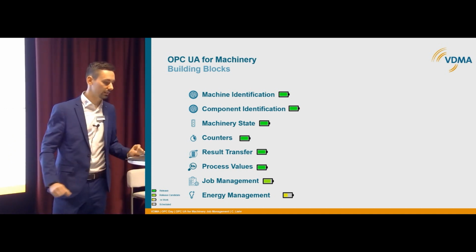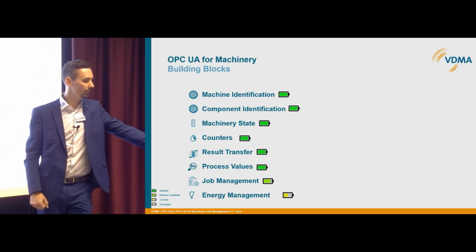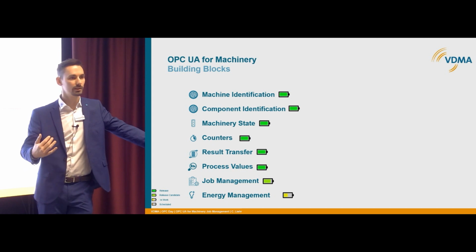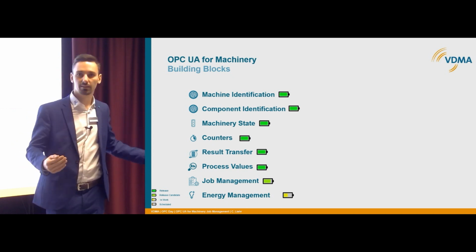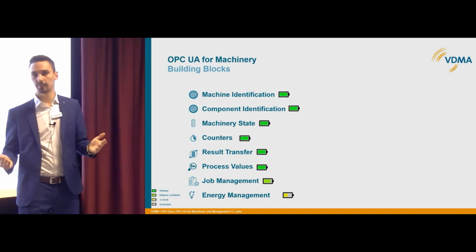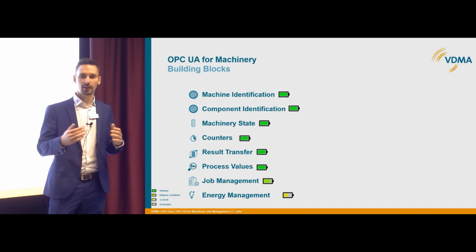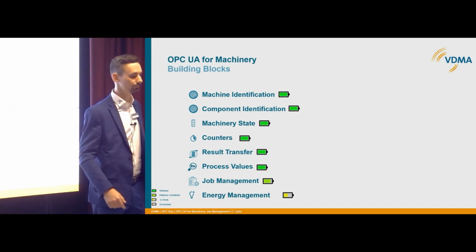Okay, the next building block, the counters, are pretty easy to explain. If you want to count the hours your machine is working or turned on, or if you want to count how many days your license for any program is still valid, so anything you want to count, you can use the machinery counters for.